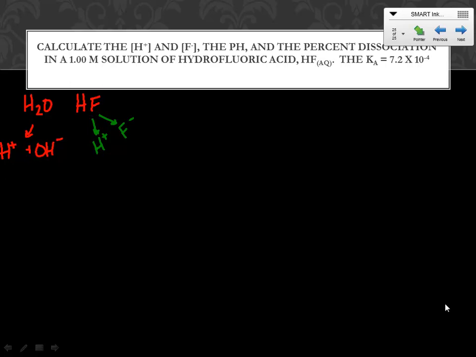Okay. So what we're going to do is let's take our equation. We'll take the dominant form of the H+ in this solution, the HF. We'll write its dissociation reaction, the H+ plus the F-. And let's start off by doing our icebox. So we'll do ICE.